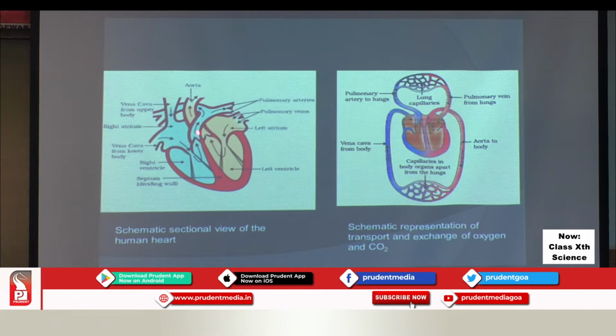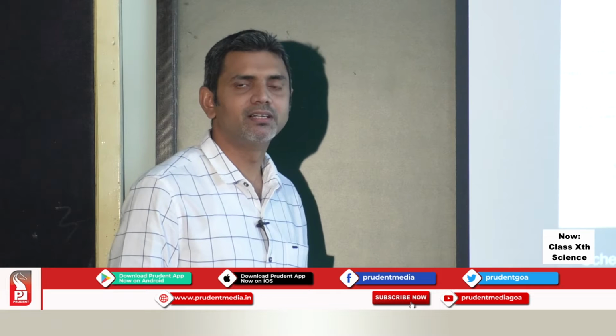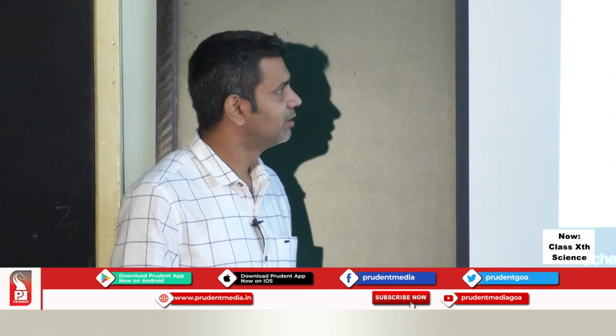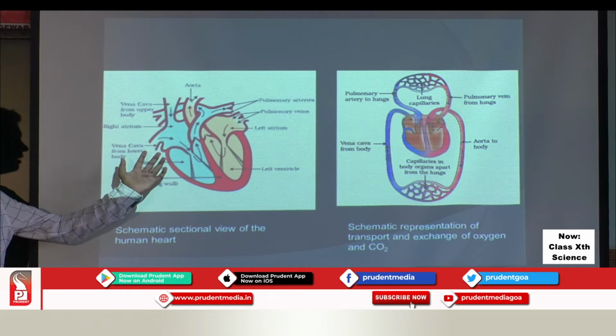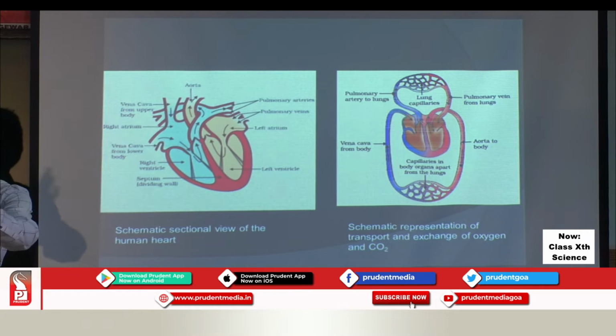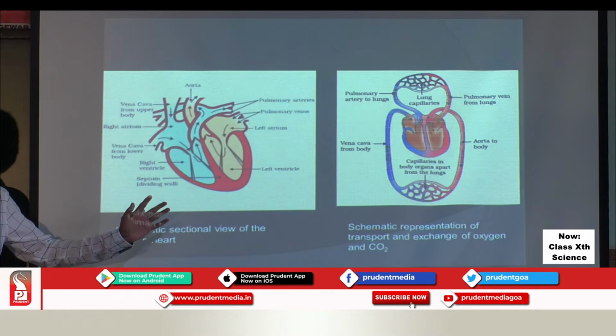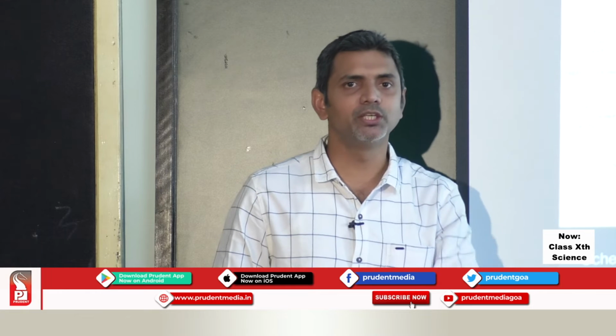The upper part of the heart we call atria. Atria is the plural and singular is atrium. The lower part of the heart consists of ventricles. For left and right: the diagram of this heart is facing you.